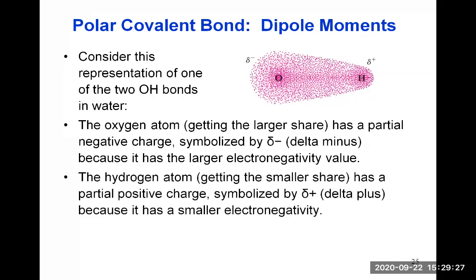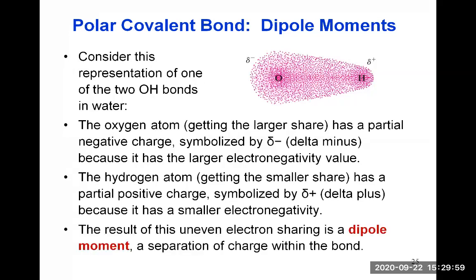And so the hydrogen atom, getting the smaller share of electrons, has a partial positive charge, symbolized by delta plus, because it has a smaller electronegativity. It doesn't pull as strongly on the electrons, and so it's lacking, if you will, some electrons, and then develops this small partial positive charge.